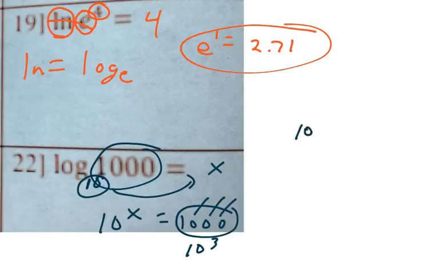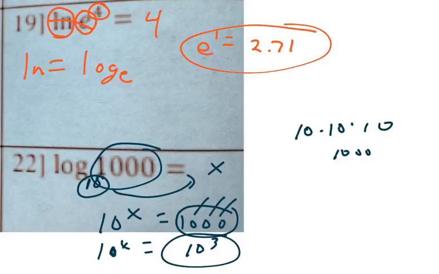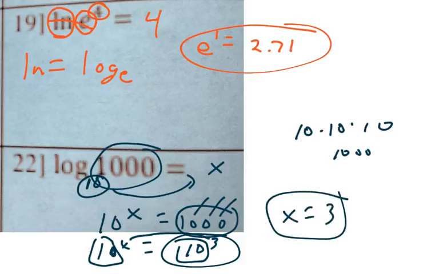In other words, if I did 10 times 10 times 10, I would get 1,000. So, if 10 to the x equals 10 to the 3, same base, 10, right? That tells you that x must be 3.